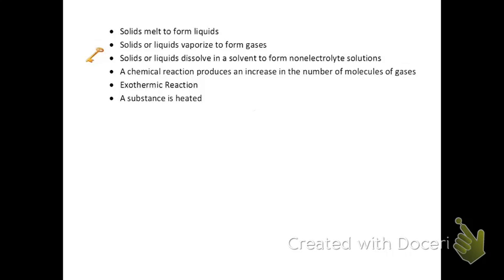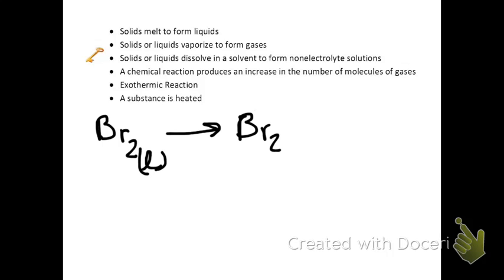If we had something like bromine, and it is a liquid, and then we're going to change bromine, Br2, into a gas, then what is going to be the sign for delta S?